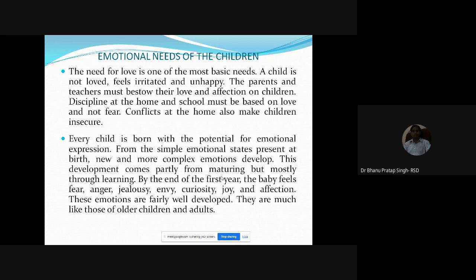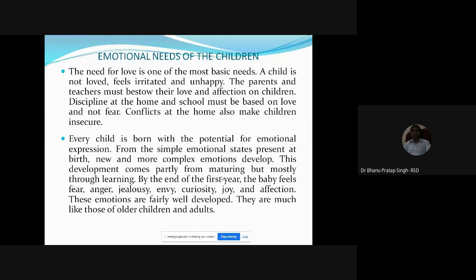Every child is born with the potential for emotional expression. So from the simple emotional excitement present at birth, new and more complex emotions develop at various stages. This development comes partially from maturing, but mostly through learning.